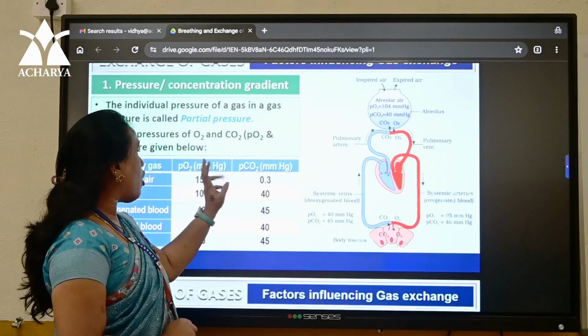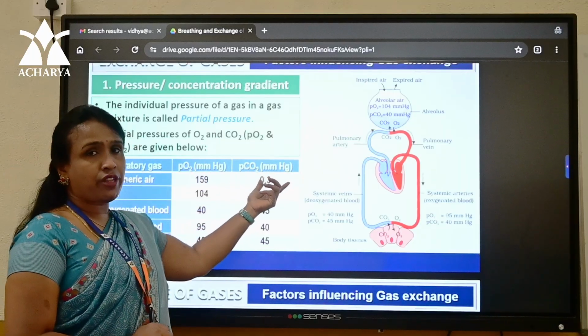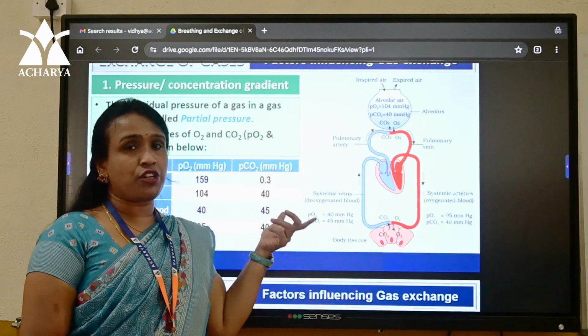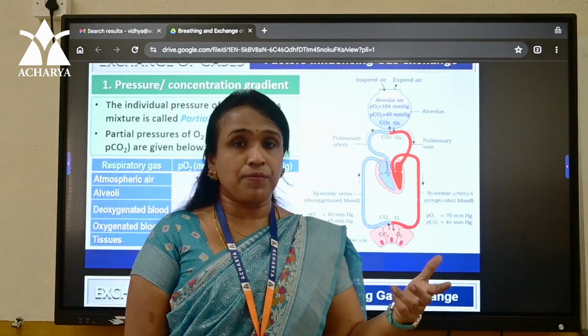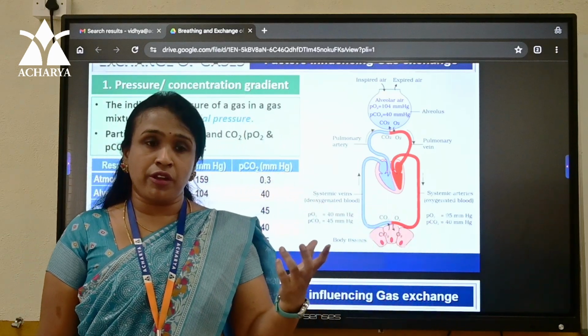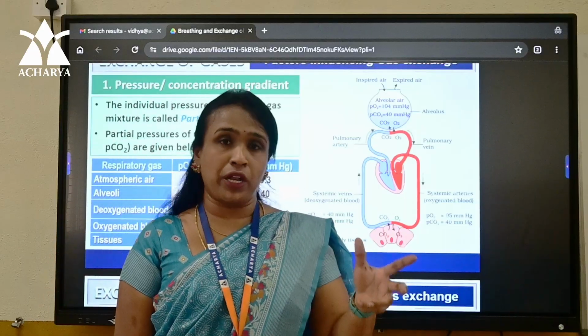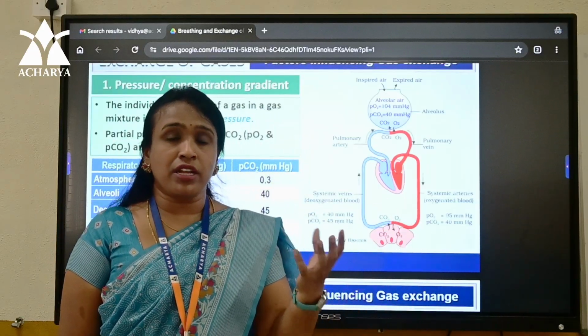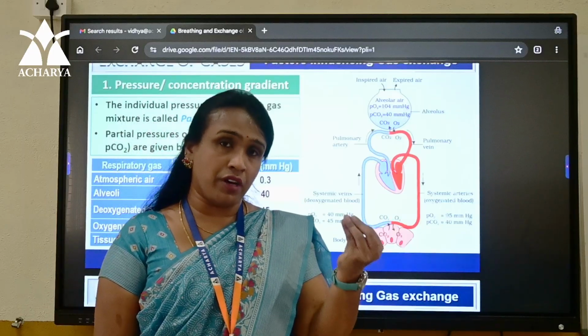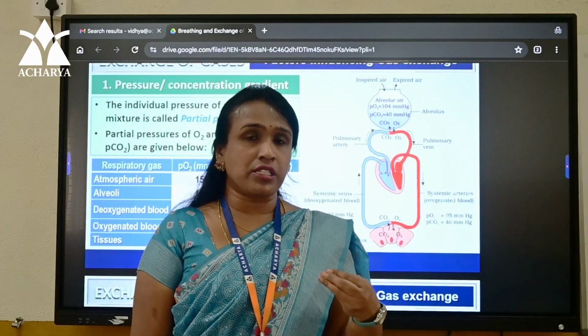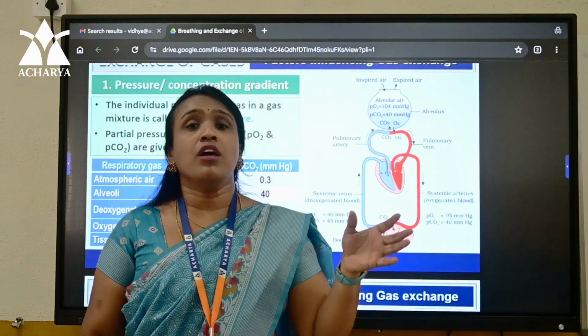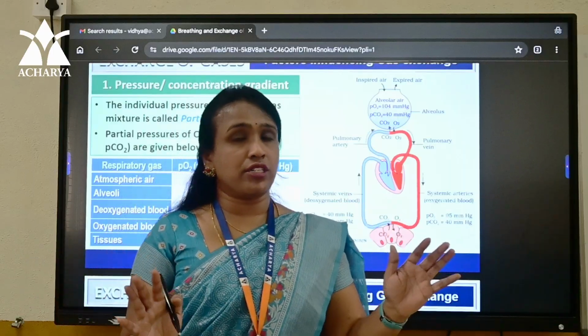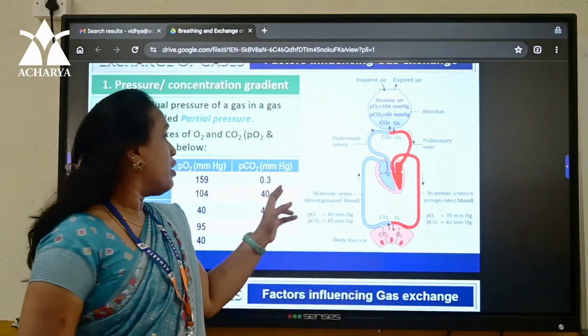Compared to oxygen, carbon dioxide is 0.3, because in the atmosphere the concentration of carbon dioxide is always less. But it differs in more polluted areas, where carbon monoxide and carbon dioxide will be more. In those cases, the partial pressure of carbon dioxide is variable. But on average, the carbon dioxide concentration is 0.3.